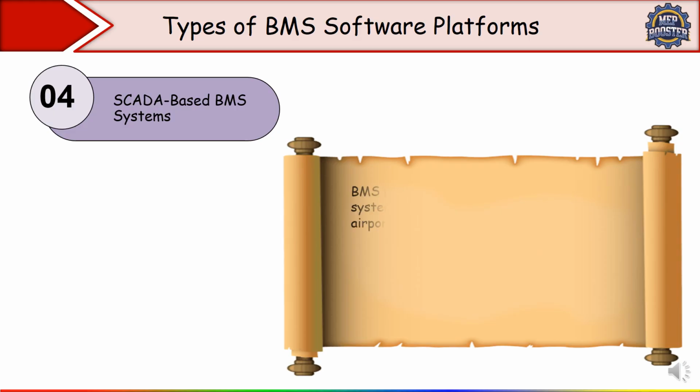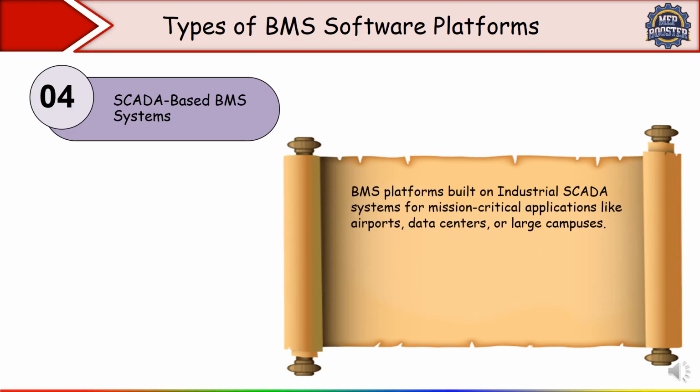Now the next type of BMS software platform is the SCADA based BMS system. This is a BMS platform built on an industrial SCADA system for mission critical applications like airports, data centers or large campuses. Examples are given here: Wonderware, Siemens, Iconics. The characteristic of this system is industrial grade reliability.